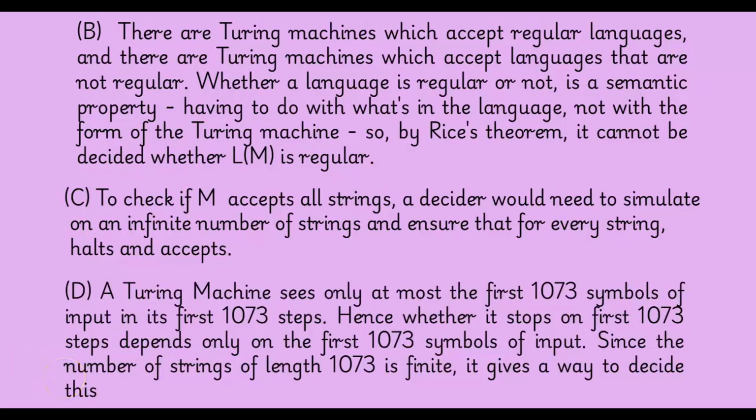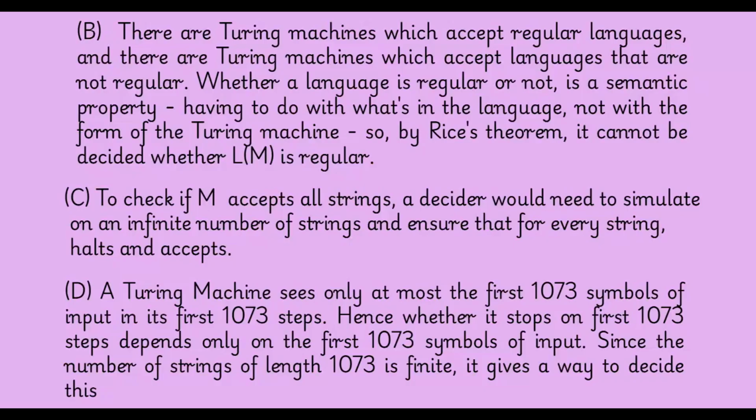Option D. A Turing machine sees at most the first 1073 symbols of input in its first 1073 steps. Hence, whether it stops in the first 1073 steps depends only on the first 1073 symbols of input.